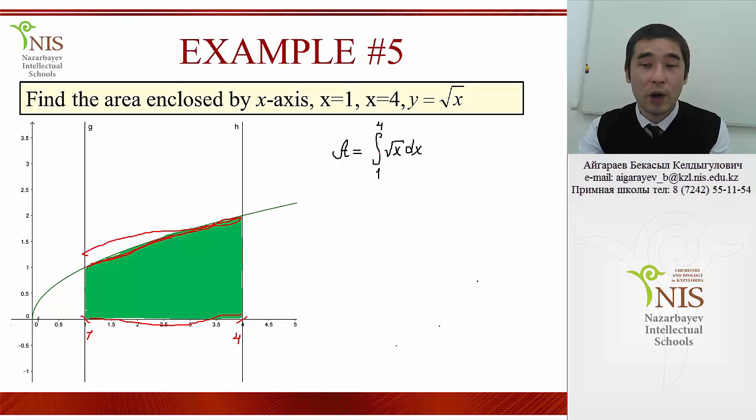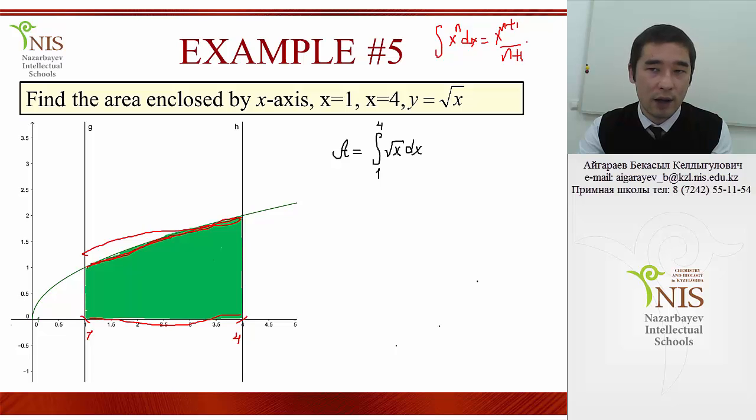Area is equal to the integral from 1 to 4 of square root of x dx. In order to calculate this integral, we need to use our formula: x to the power of n gives me x to the power of n plus 1 divided by n plus 1, plus an integration constant. So this is the antiderivative.